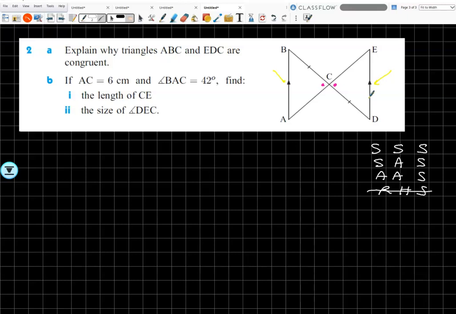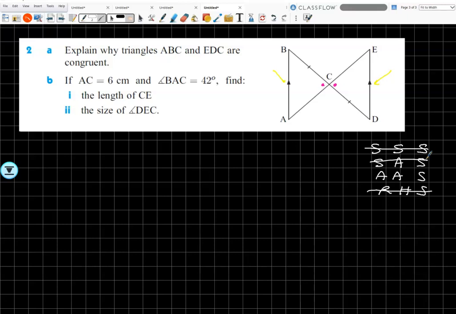Why? We've got one side, I've already counted that. Have I got another pair of lengths that are the same? Would AC and CE, because they're parallel? No. They look the same, and we'll eventually prove it, but we can't say they are. So that's actually ruled out, and that's ruled out.